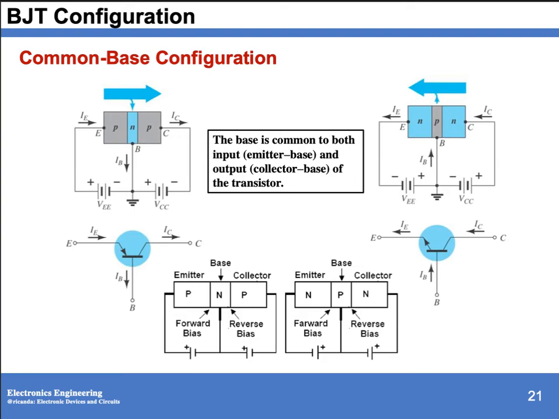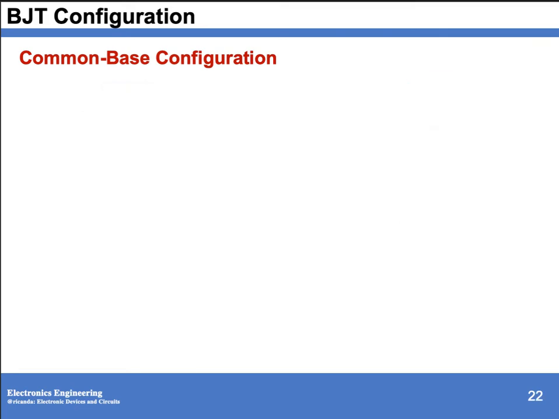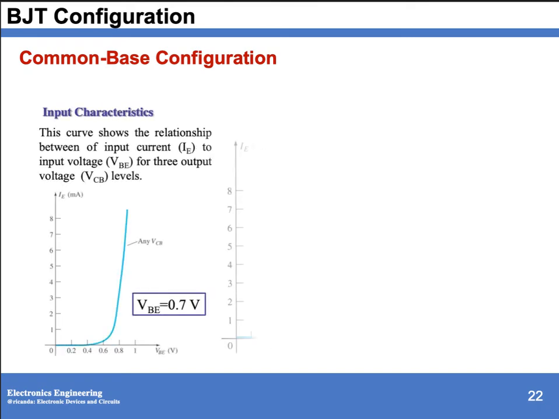Whereas for the NPN type, your input current goes out from your transistor, whereas your output current goes into your transistor.